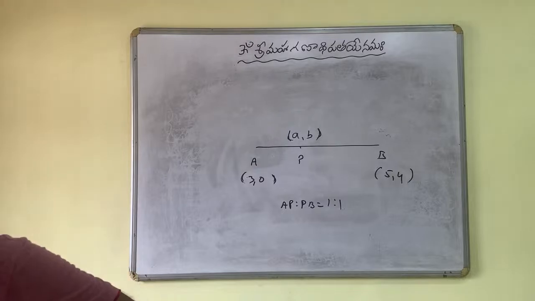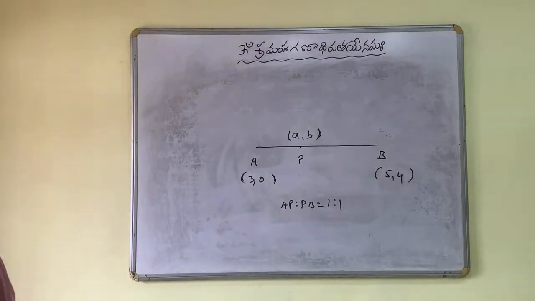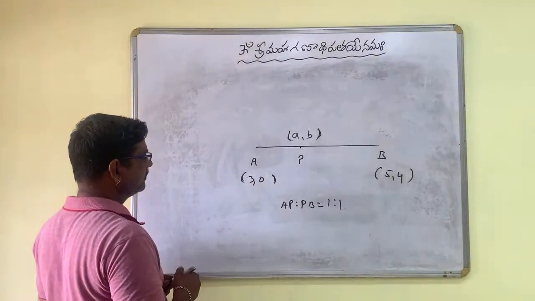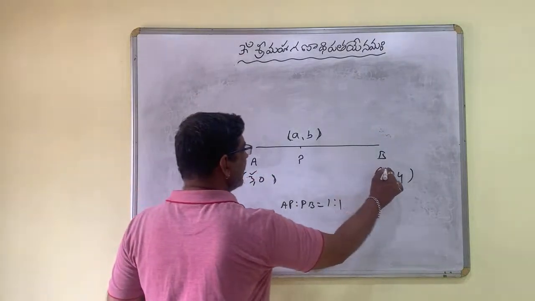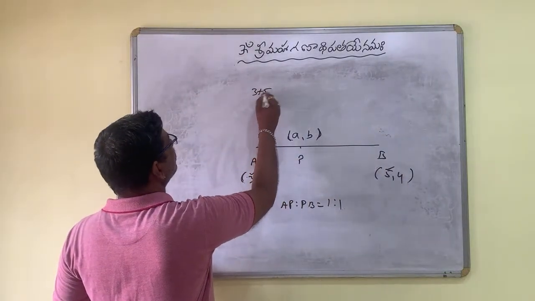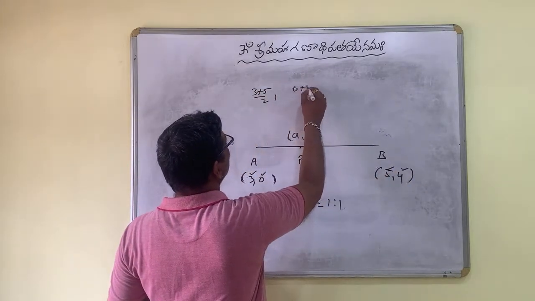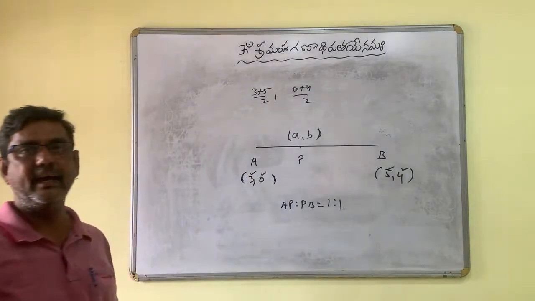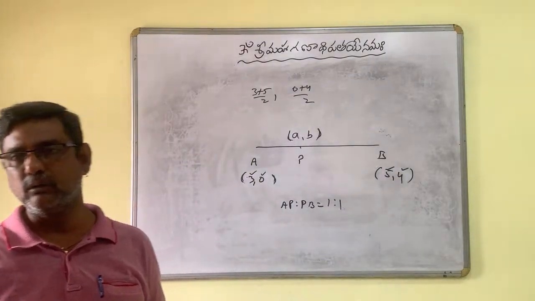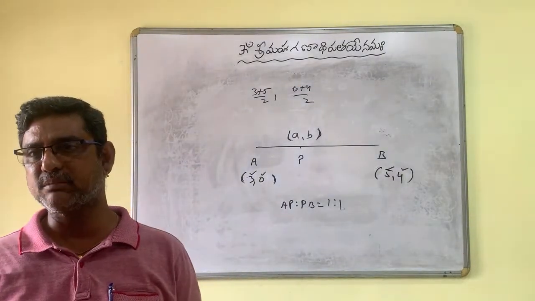There is a shortcut for this one. If P is the midpoint, the coordinates are (3 plus 5 by 2, 0 plus 4 by 2). That is, sum of x coordinates by 2, sum of y coordinates by 2.